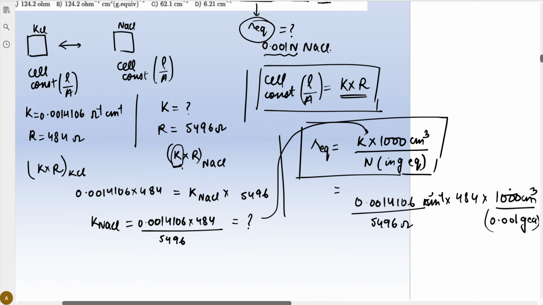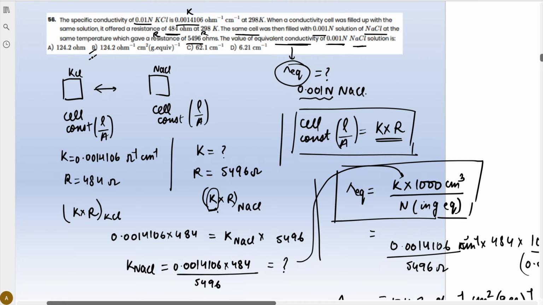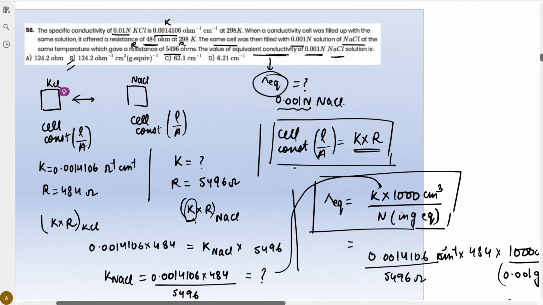If you take 1000 centimeter cube, 1 liter, you will have 0.01 gram equivalents. So you calculate from here, the equivalent conductivity will come 124.2 ohm inverse centimeter square into gram equivalent power minus 1. Try to see, the answer will come according to this, B. Simple question of equivalent conductivity. Just you need to find the K, and then you put the K to find the equivalent conductivity.